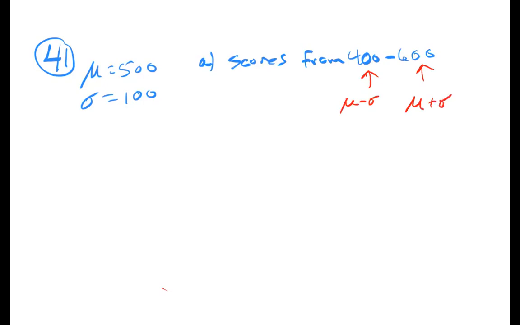So should that be 68% using that rule we just discussed? Yeah, that should be 68%. 400 is exactly 1 standard deviation below, 600 is exactly 1 standard deviation above. And once again, we're relying on this.